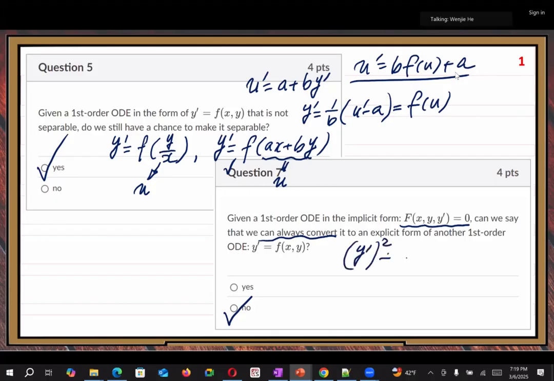Square plus... Could be very complicated. How do you convert? Extremely hard. So in general, most of the time we cannot. Only for relatively simpler cases.